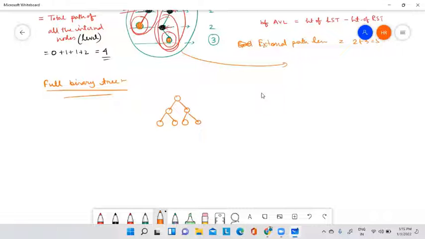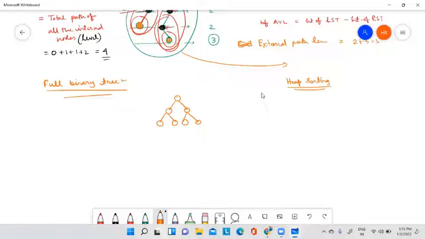So this is a full binary tree. Similarly, there is another definition which is also important for our heap data structure. If we want to perform heap sorting, which is another sorting that we don't cover in our sorting phase, it's called heap sort.